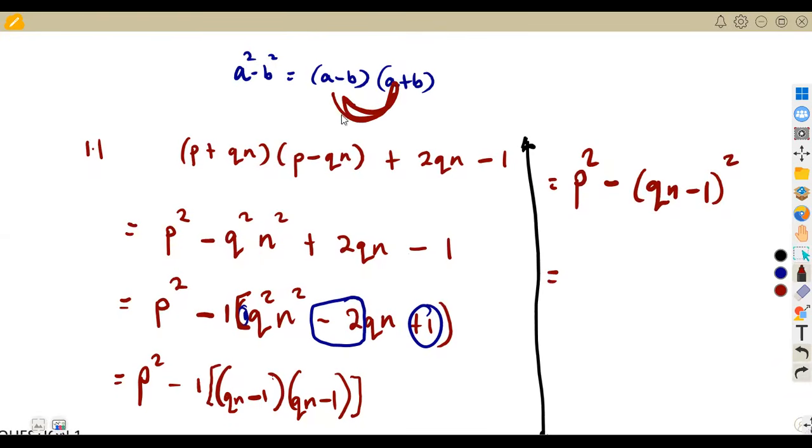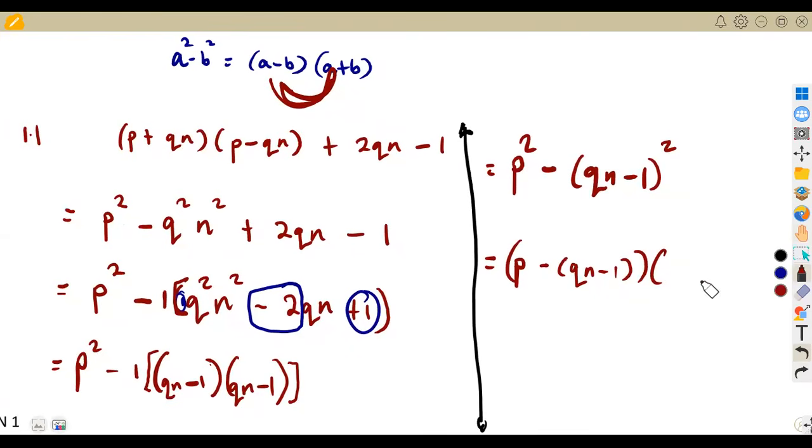So the square root of p squared is p, minus, we're going to have the square root of this, just removing the square. So we're going to have qn minus 1 like this for our difference of two squares, okay? Then we're going to have another bracket adding these. So we're going to have p plus qn minus 1 like this, okay?